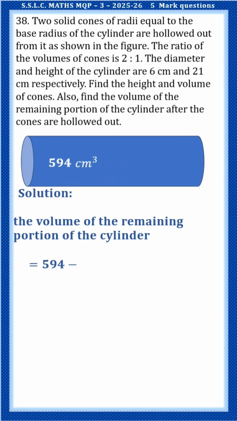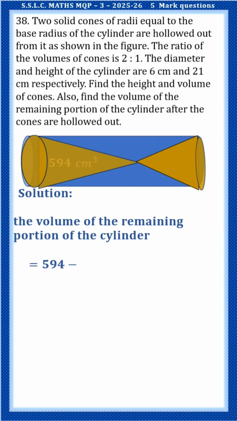Now we are calculating the remaining portion of the cylinder. We have already calculated the volume of cylinder, that is 594 centimeter cube. From that we have to subtract the total volume of the cones. Here volume of the cone A is 132 centimeter cube and volume of cone B is 66 centimeter cube.